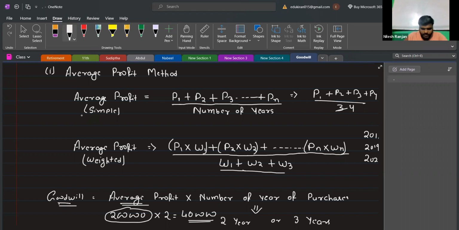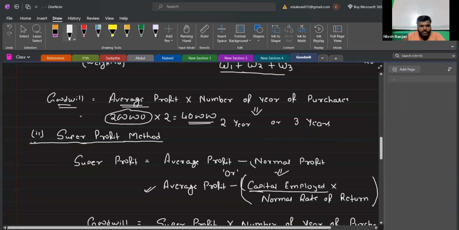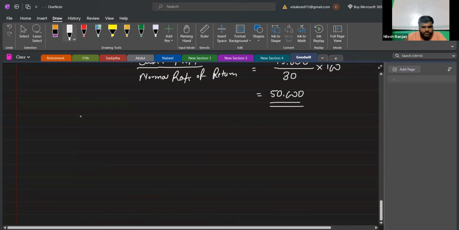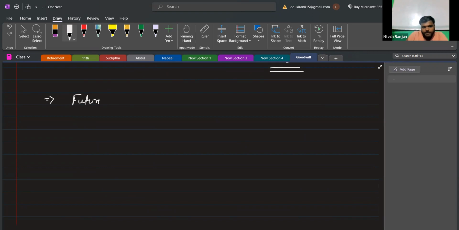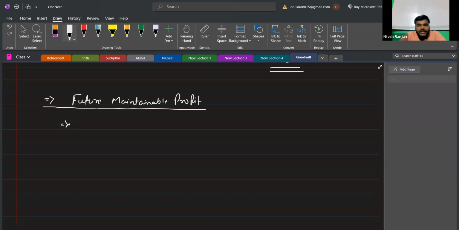Okay, sir. Actually, since you have asked about future maintainable profit, I am writing it here. Why do we need future maintainable profit? Because for calculation of goodwill, we need a profit which can be maintained.